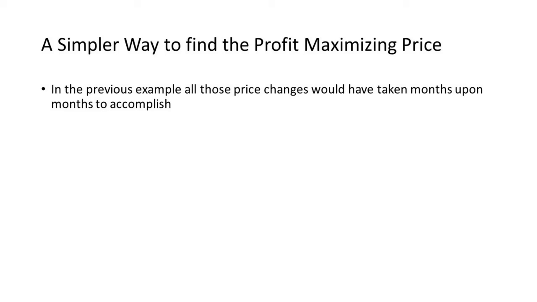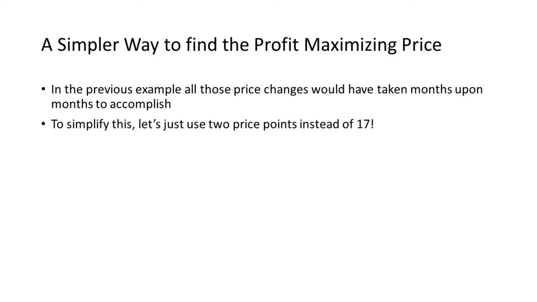In the previous example that we looked at, all of those price changes would have taken months upon months to accomplish at a minimum. So to simplify the problem, we can use just 2 price points instead of 17. And so let's pick $10 and $9 as our 2 price points.